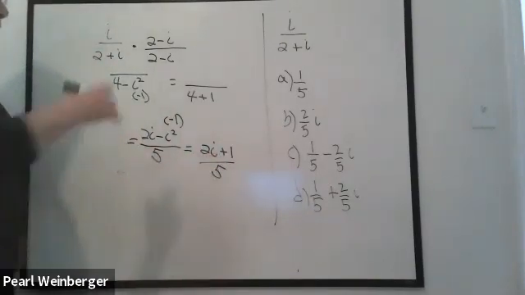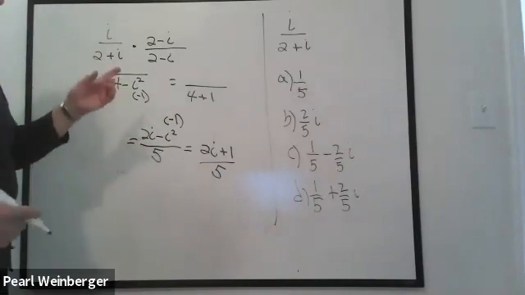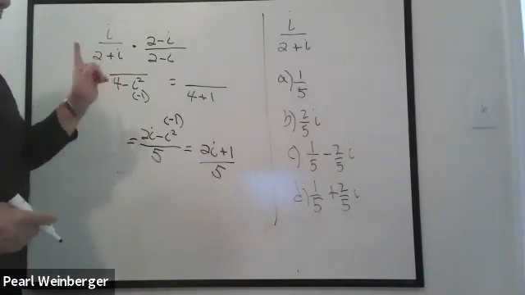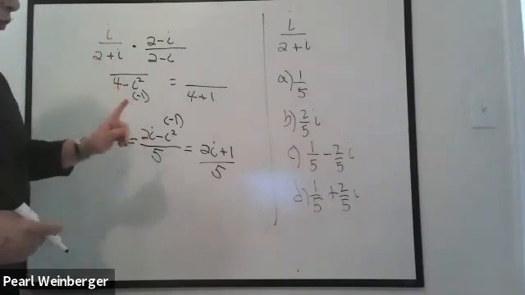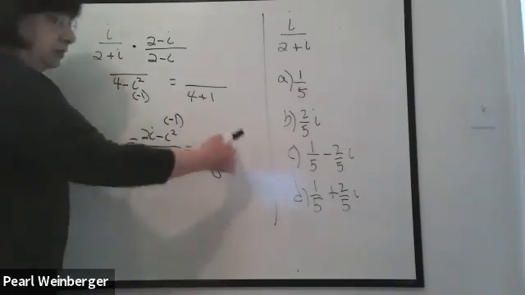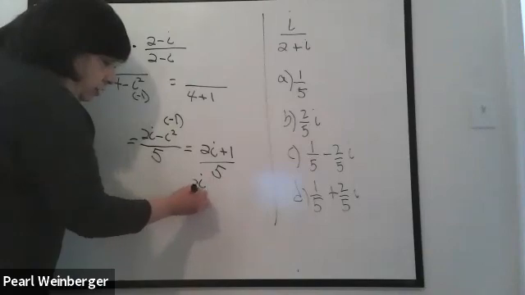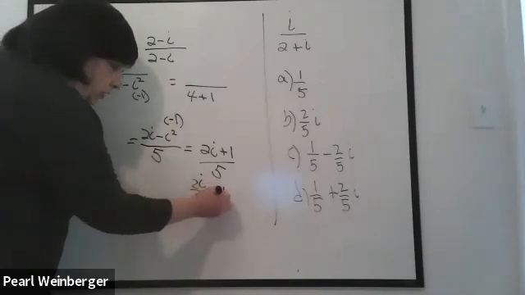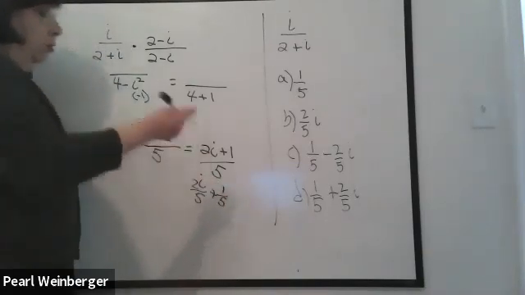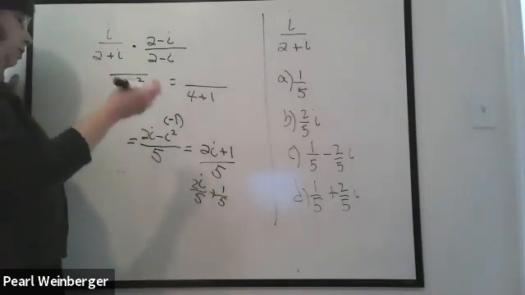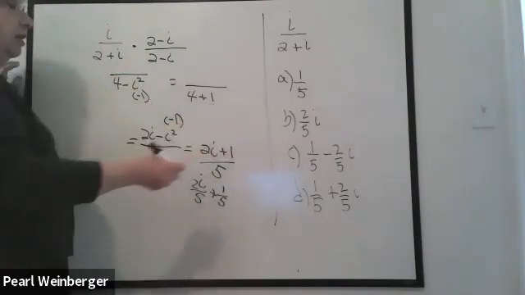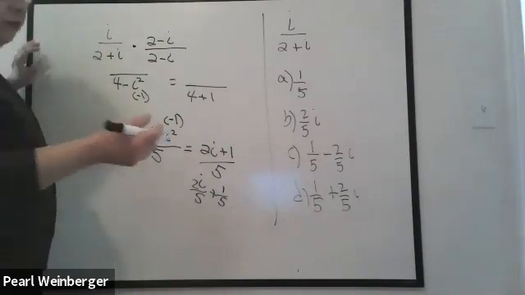Now, I don't see this answer anyplace, but remember what they told me. They said put it in a plus bi form, which means I have to separate it. So this will be 2i over 5 plus 1 over 5. And I also have to put the i term second and the plain number first.